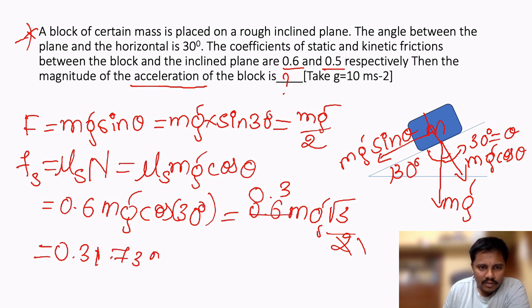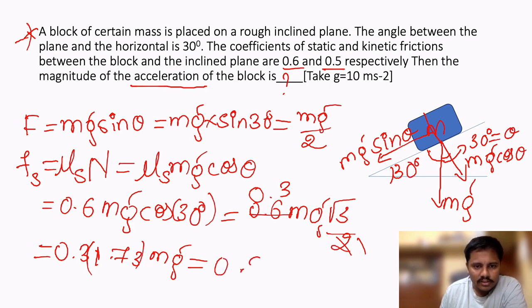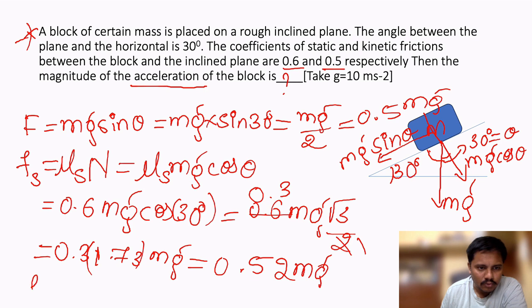Root 3 is 1.73, approximately 1.7, and if you multiply 1.73 and 0.3, we obviously get 0.52, approximately 0.52 mg. Clearly you can see that this is greater than 0.5 mg, that is Fs is greater than F, which is the downward acting force.